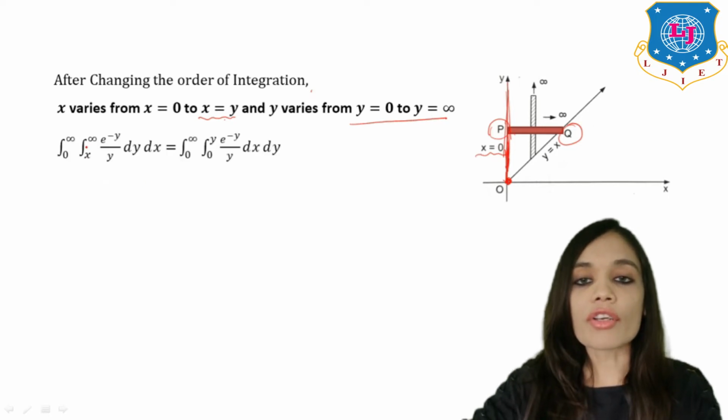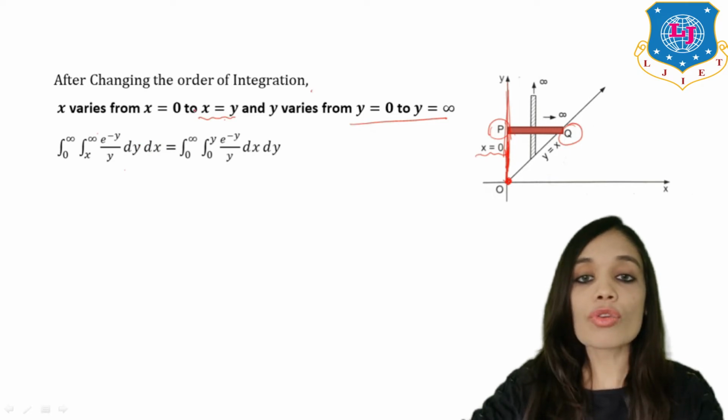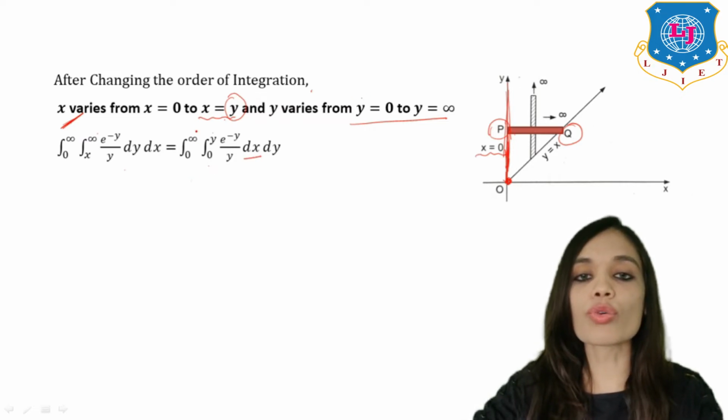Now our question is integration 0 to infinity, integration x to infinity, e raised to minus y upon y dy dx, right? So now we have to first put the limits of x, because it has variable y. So put the limits of x, they are 0 to y dx. Now put the limits of y, that is 0 to infinity, and dy.